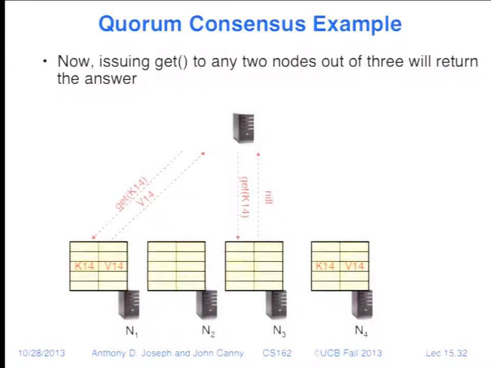Yeah, so in that case, let's see, what have we done? Well, literally the get requests, even if they're going out through the network, and if we have a quorum of read requests, we do have consistency in the sense that you get a copy of the data before the updates happen.